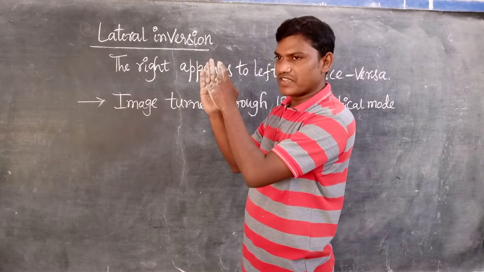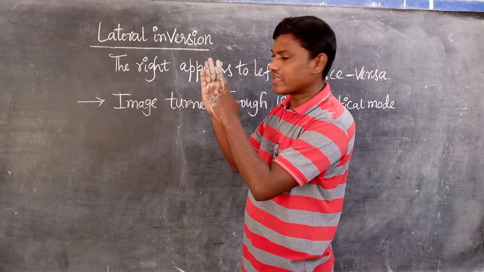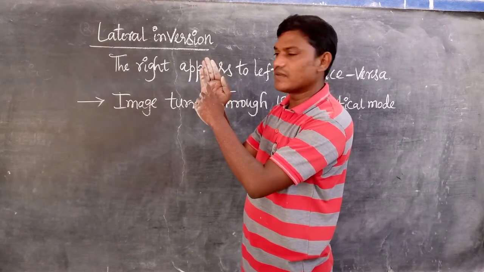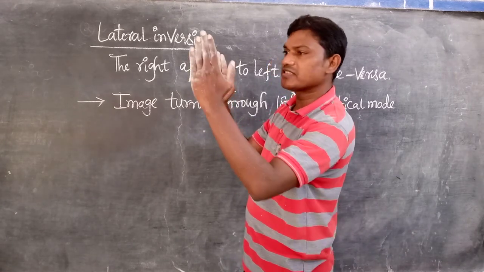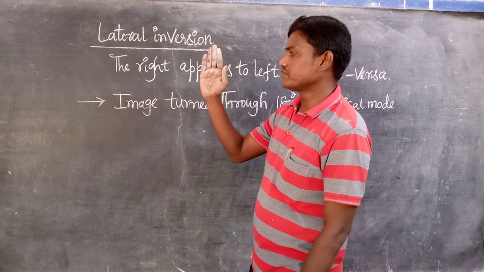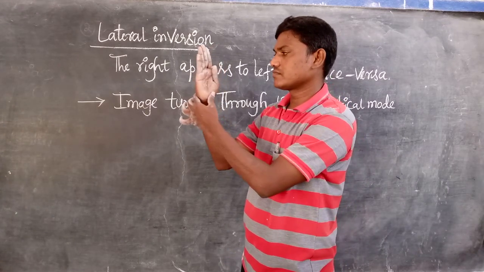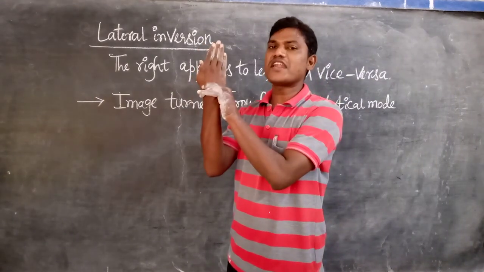This index finger we can say as the right side. The small finger we can say as the left side. So this is the object, placed in front of the plane mirror. Now we are observing 90 degrees turn. How many degrees? 180 degrees from the initial.